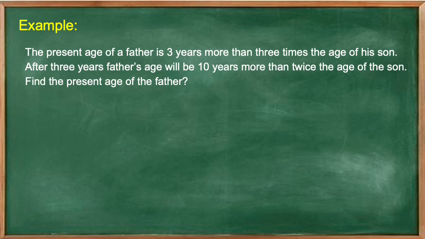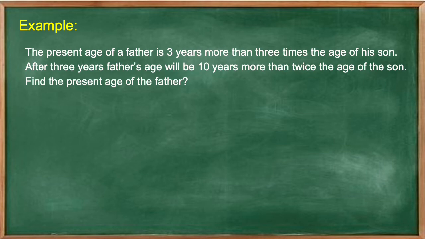The present age of a father is 3 years more than 3 times the age of his son. Let's first assign variable names which should be meaningful. So let's use F for father and S for son.